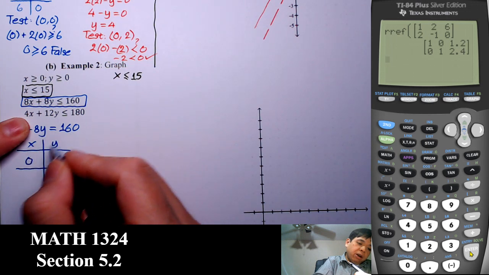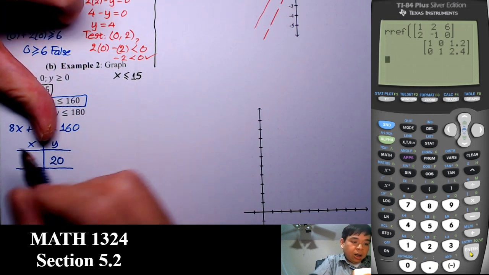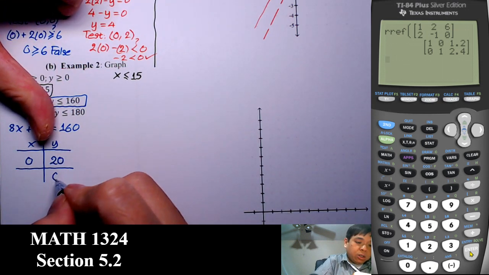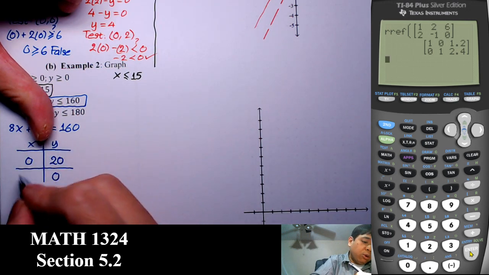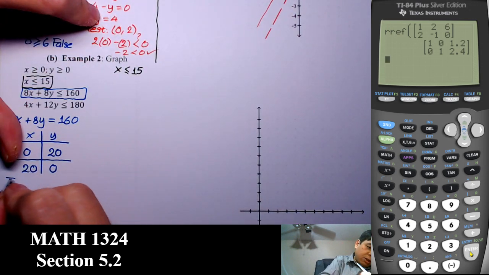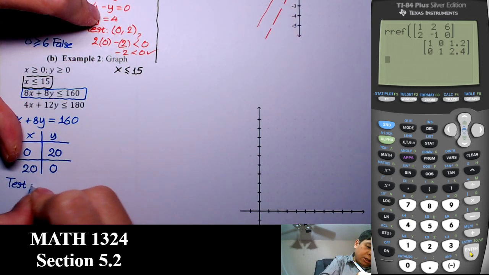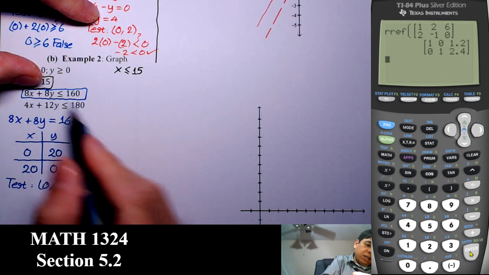So divide by 8 on both sides, we have y equal to 20. Now when we let y equal to 0, we have 8x equal to 160. Again, divide by 8 on both sides, we have 20. So the points are 20, 0 and 0, 20. Now let's test 0, 0 in this inequality.